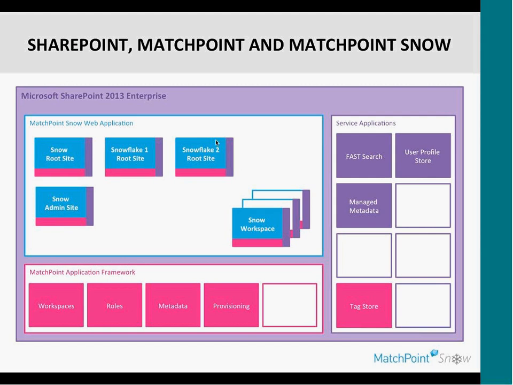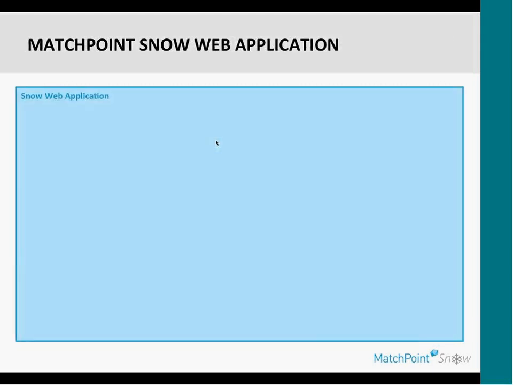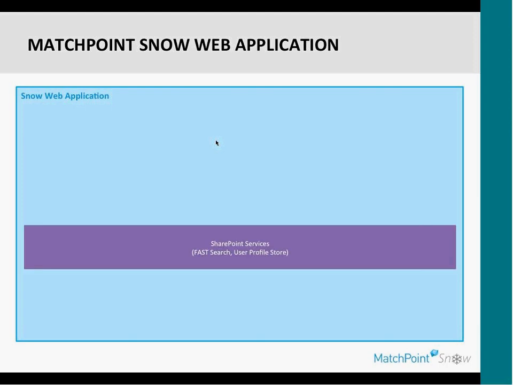And you then have the workspaces, which are created by the MatchPoint functionality of workspaces and provisioning templates, which contain the content that you define for your workspaces. Another image that makes this a little clearer: if you zoom in on the web application that contains MatchPoint Snow, we have, as a virtual layer in there, SharePoint services like Fast Search and the User Profile Store.